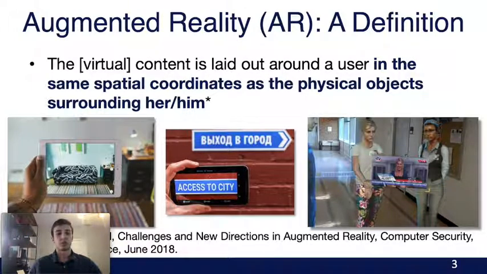The second picture shows a feature that was recently added to Google Translate, where any text can be translated to the language of the user's choosing, and the translation will be overlaid over the original text. Finally, the third picture shows a gaming experience built in the real world that we developed in our lab.